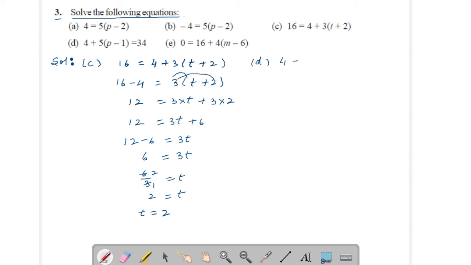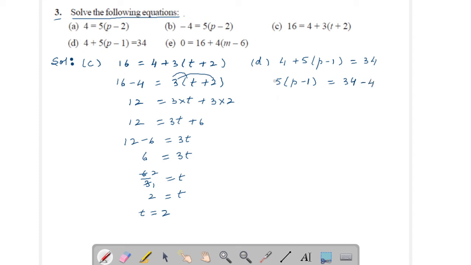4 plus 5 within the bracket p minus 1 equal to 34. Here transpose 4 to right hand side. This can be written as 5 within the bracket p minus 1 equal to 34 minus 4.